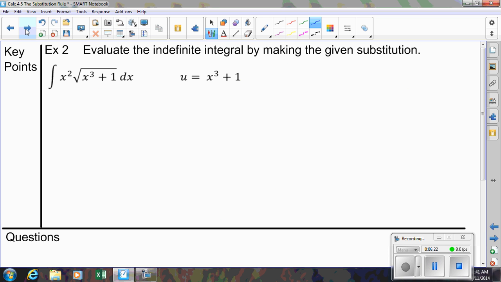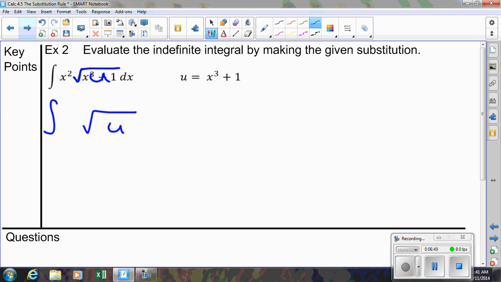Okay, let's run through another one. Evaluate the indefinite integral by making the given substitution. Now, we can see we're going to wind up with a square root. Since we're taking x cubed plus 1 to be our u, this piece is the square root of u.